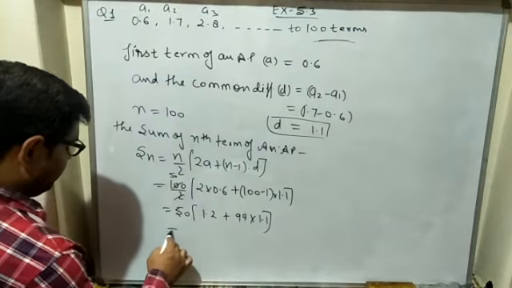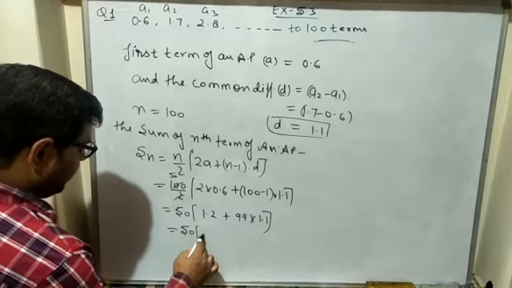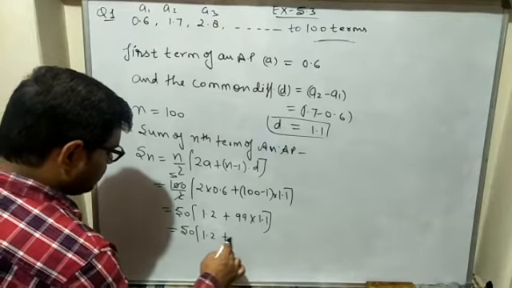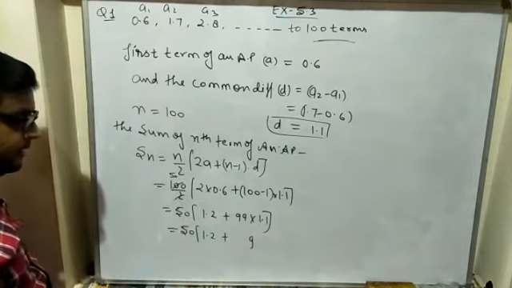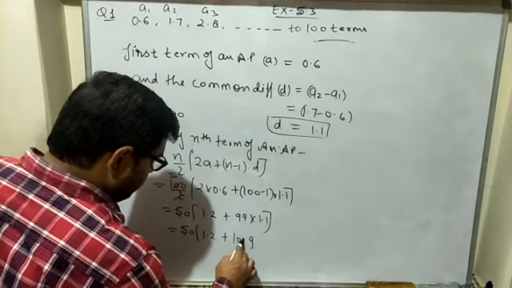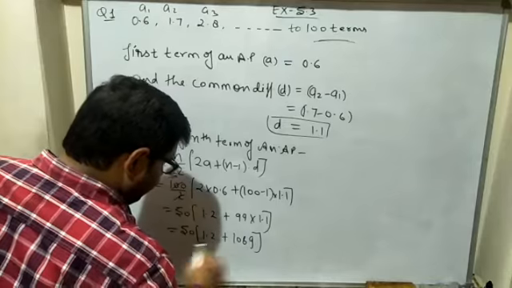So it will be 50 into (1.2 plus 99 times 1.1, which is 108.9). After one digit we apply the decimal.